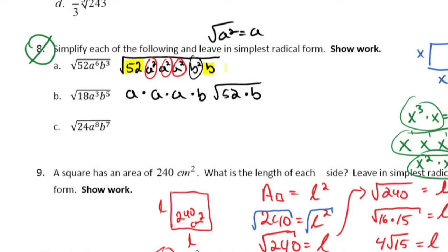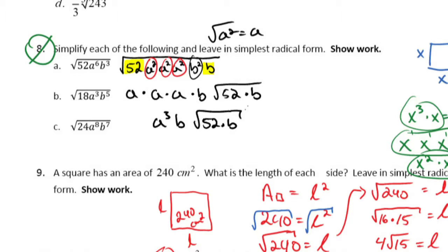Now I know that's going to be a huge stretch for some of you to wrap your heads around. Now I can combine the a's back together and I get a cubed times b times the square root of 52 times b. And then I think, are there any perfect squares that go into 52? Can I simplify 52 at all?